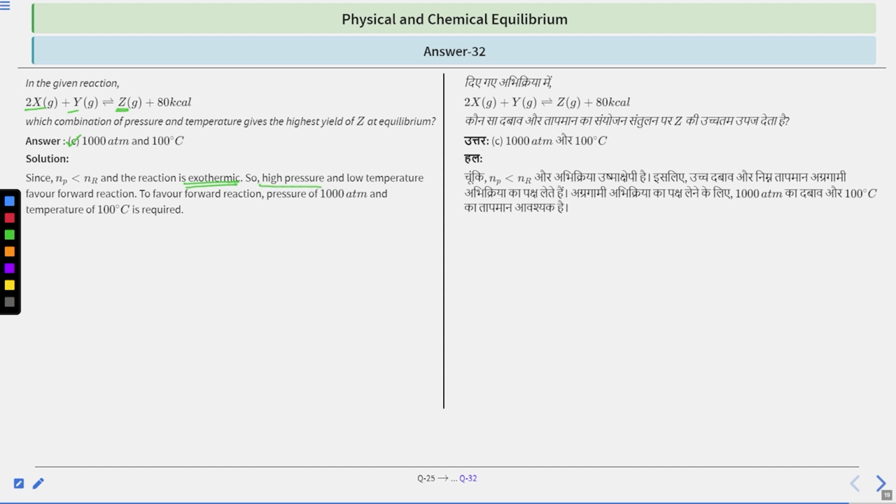So high pressure and low temperature favor the forward reaction, and to favor the forward reaction the pressure should be 1000 atmosphere and the temperature should be 100 degrees Celsius, because we check which option suits the high pressure and low temperature combination. So it will be option C, 1000 atmosphere, the highest pressure, and 100 degrees Celsius, the lowest temperature. Thus option C is the correct answer. Okay, thank you.